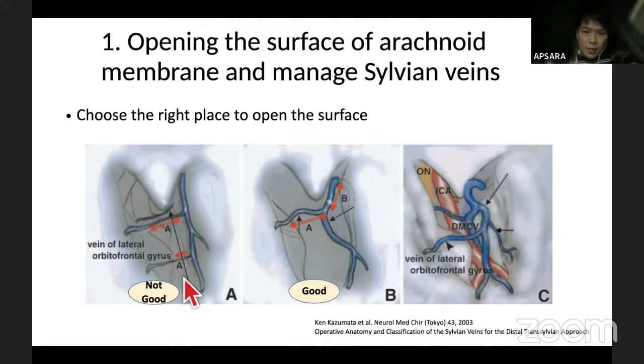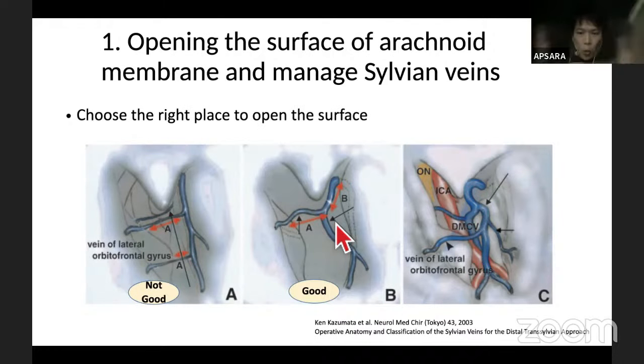So in that case, like picture B, you should move the main vein and change the angle of your operative view, like arrow B. Then, of course, you can go from area A, but also you can go to area B. You can change the microscope position and reach more.